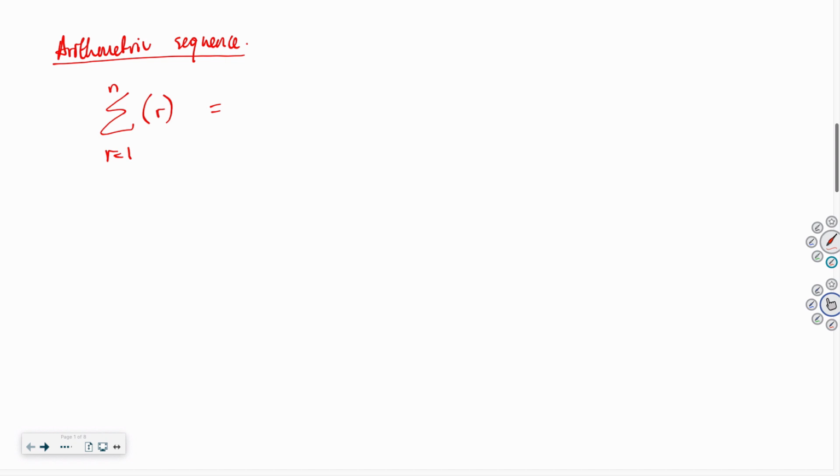So we're putting r in as 1, so we're doing 1. Then we're putting r in as 2, so 2, then 3, then 4, and we're doing that n times. So we're forming an arithmetic sequence as we're going up by the same amount each time. We're going up by 1.